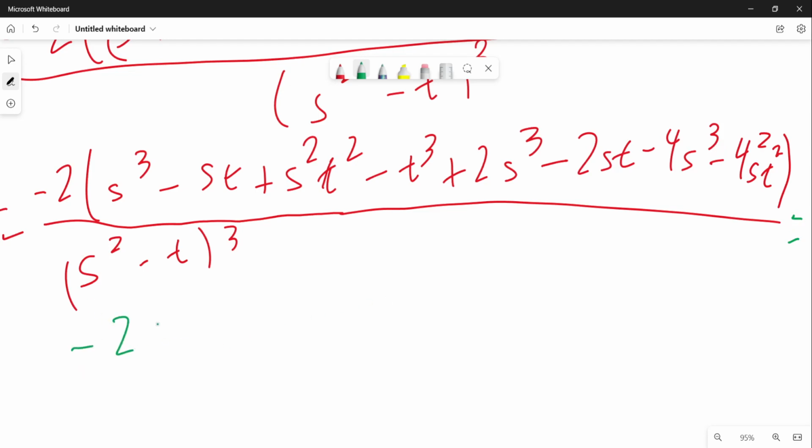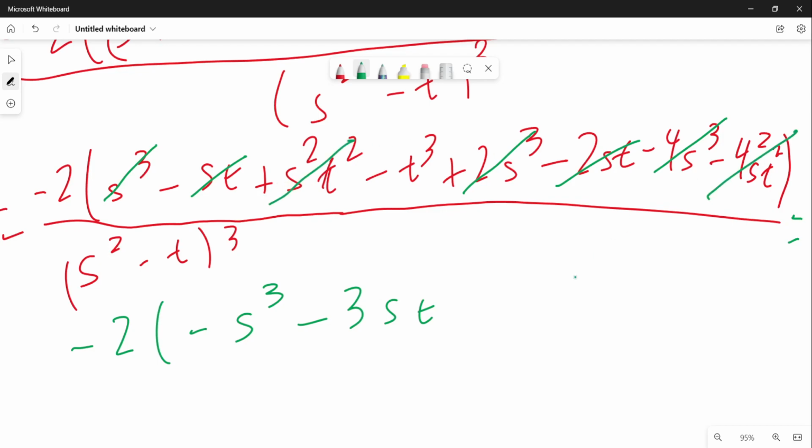Let's see, negative 2. All right, s cubed, 3s cubed minus 4s cubed, so negative s cubed. And then negative st minus 2st, so minus 3st. Then s squared t squared minus 4s squared t squared is minus 3s squared t squared, minus t to the third.